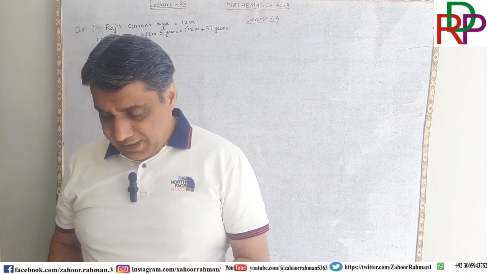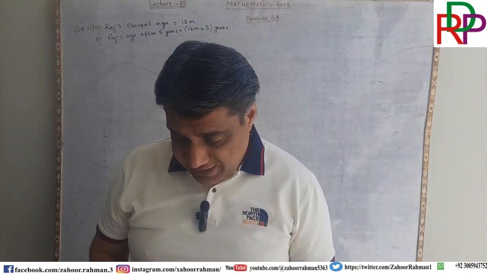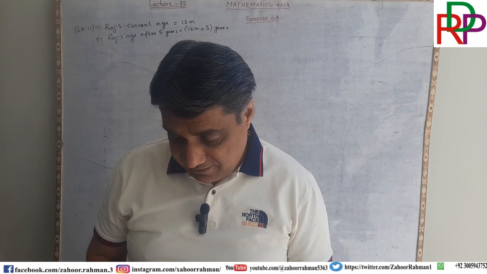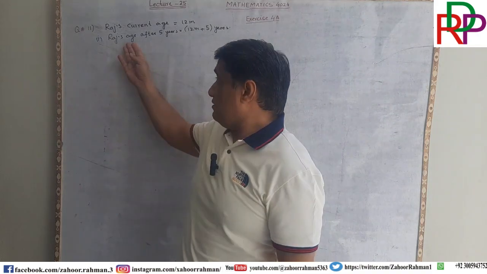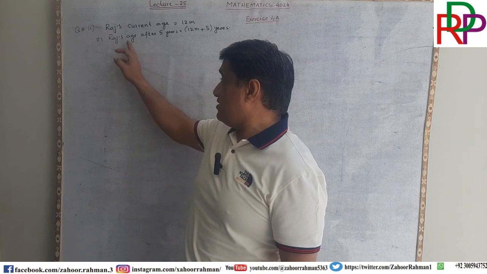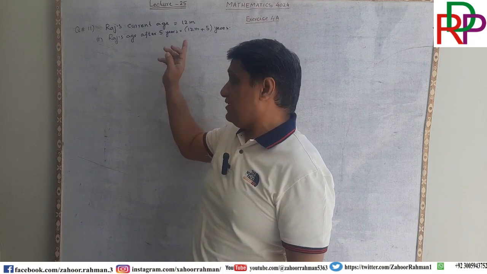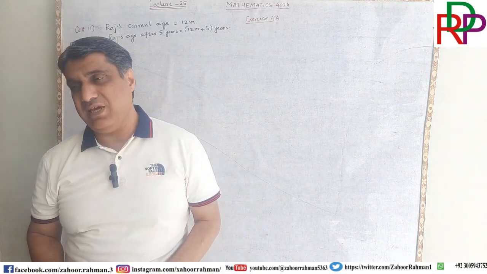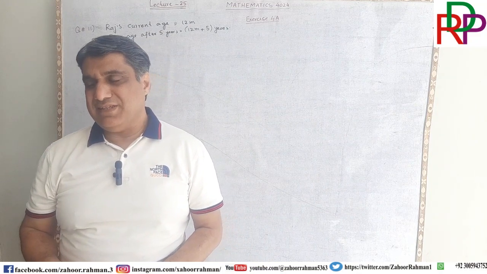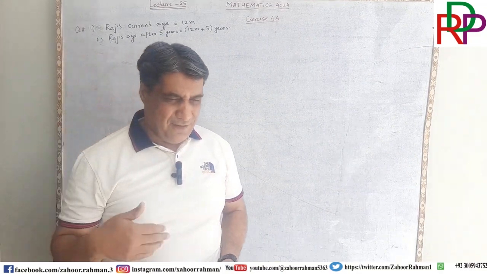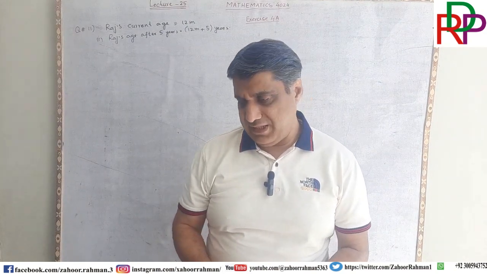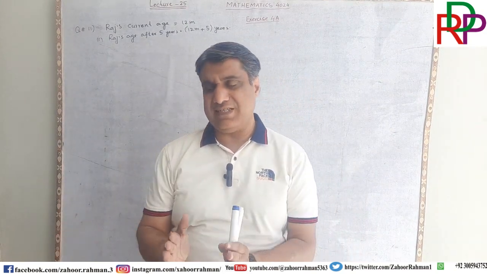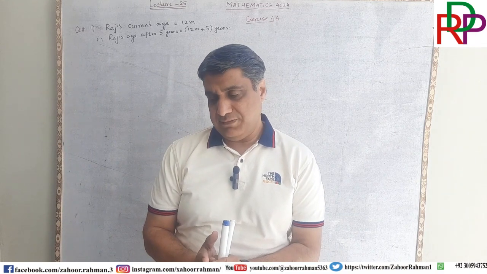The second part is saying that find the sum of their ages in 5 years time. We found Raj's age after 5 years. Now we have to find the father's age in the year, and then we will find the sum of the both.